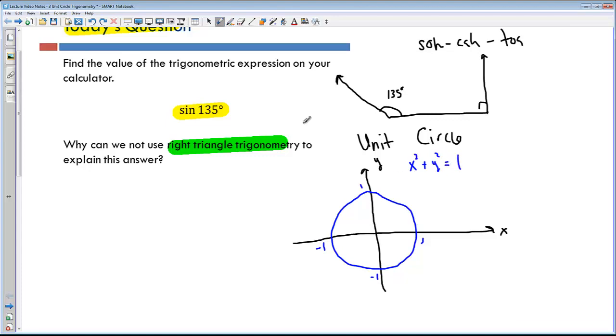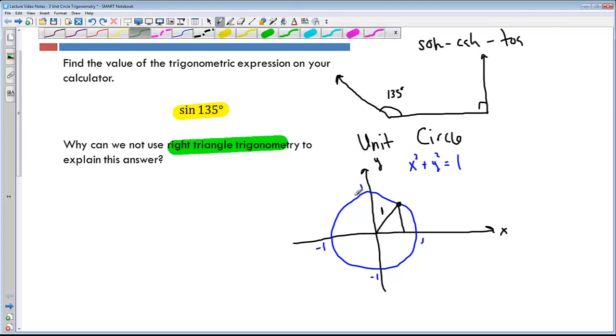The reason for that is if you take a point on this unit circle, and you draw a triangle on here, we know the hypotenuse, the radius right here, is supposed to be 1. Then you can label the sides.